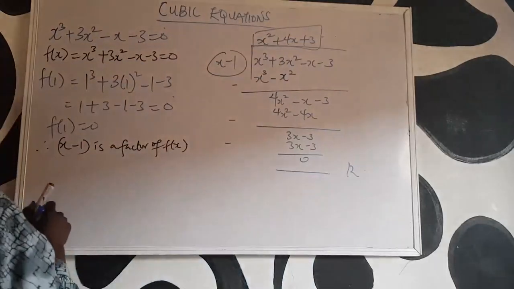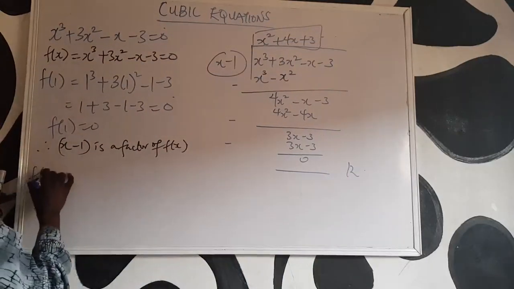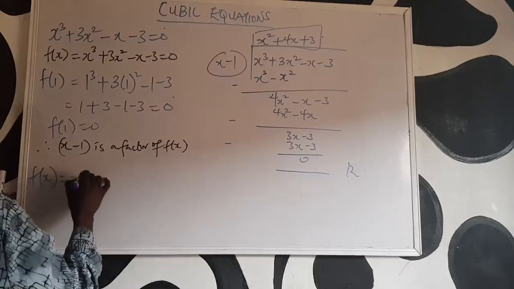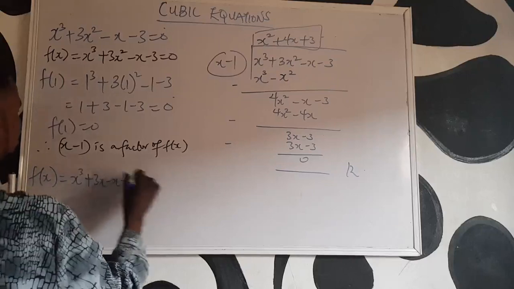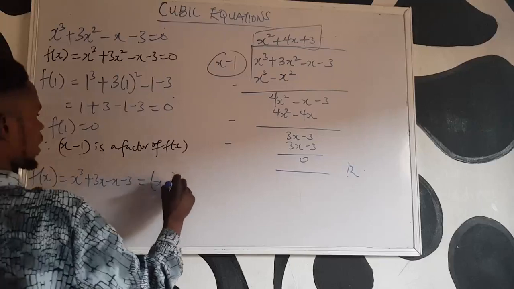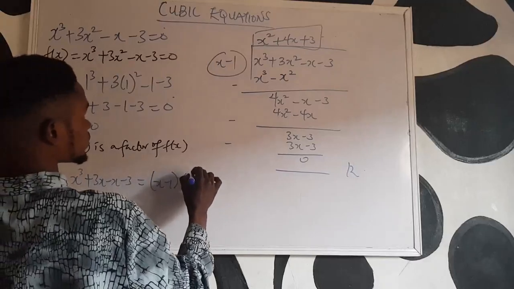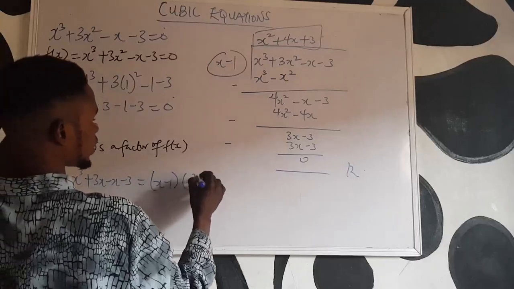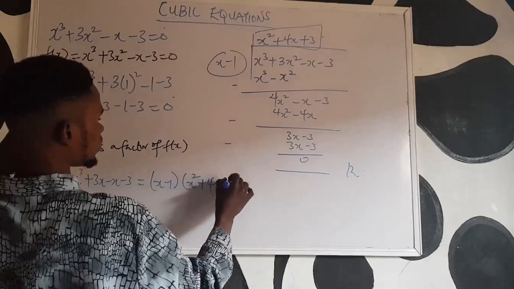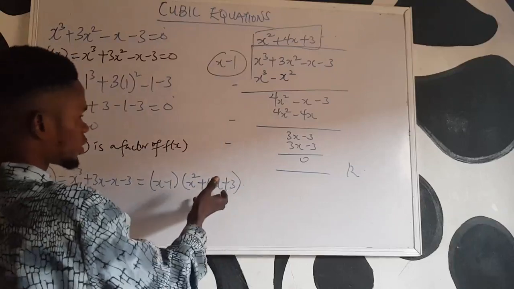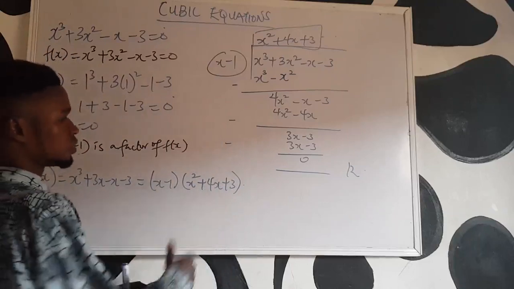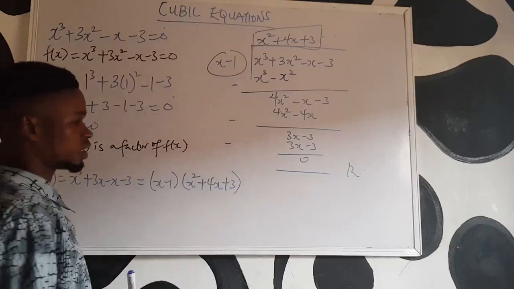So that implies that our f of x, which is x cubed plus 3x squared minus x minus 3, is the same thing as x minus 1 and x squared plus 4x plus 3. So this is a quadratic equation. We need to find the two factors for the quadratic equation.